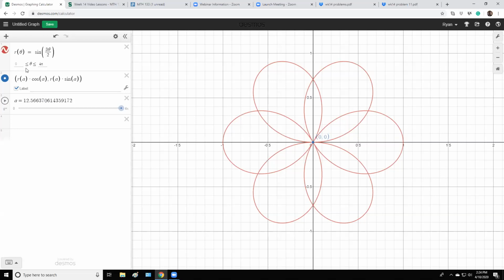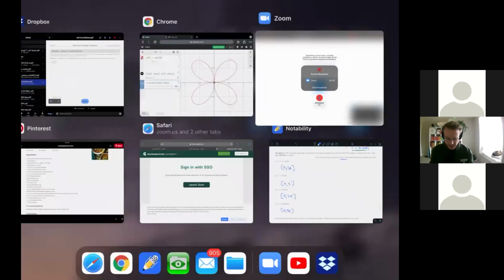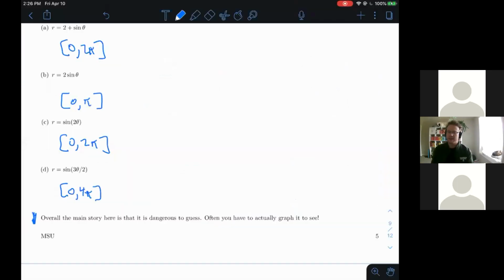Okay, the reason why I bring this up, because I know that on a quiz or an exam, you couldn't necessarily do this. And let me go ahead and just bring up my iPad again. But I have here at the bottom of all this the message that I really wanted you to take away from this is that it's just dangerous to guess.